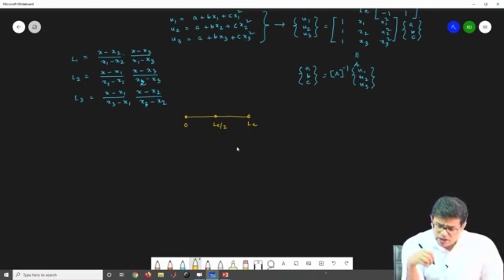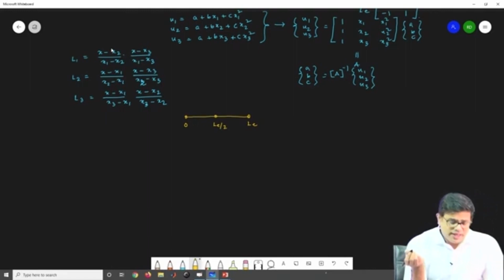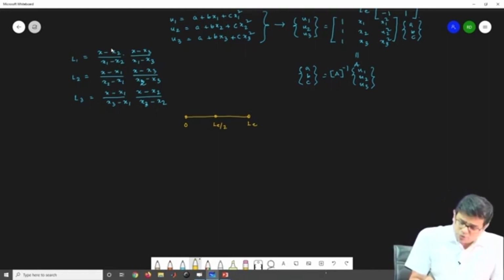So if I do this, then what I will get is simply, if I put these coordinates here, x2 is LE by 2 and x3 is LE, then I can write the Lagrange polynomials or the shape functions.